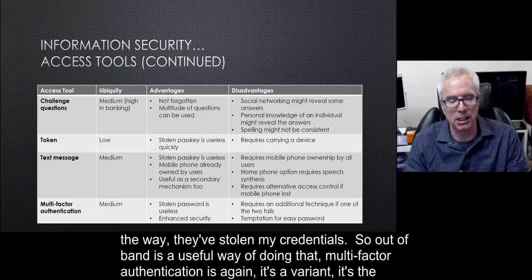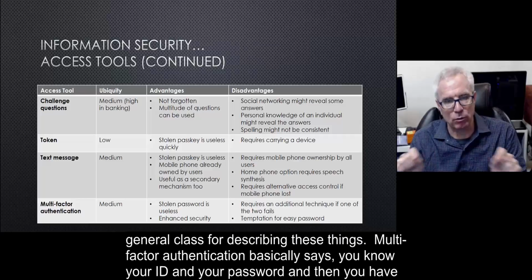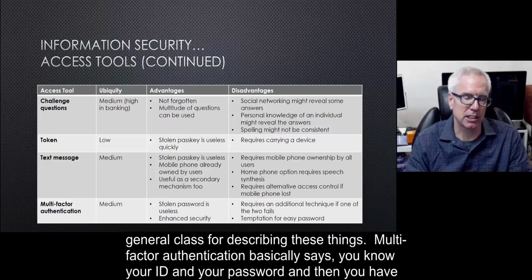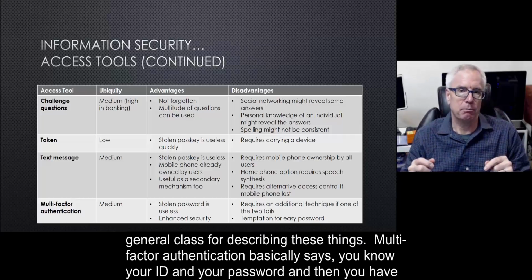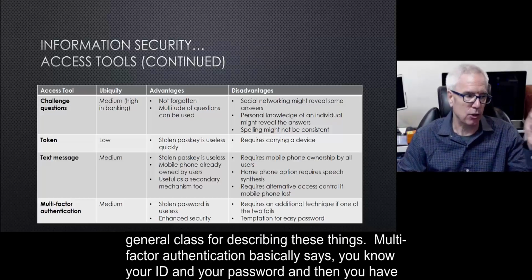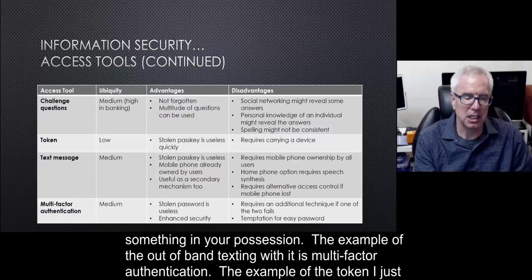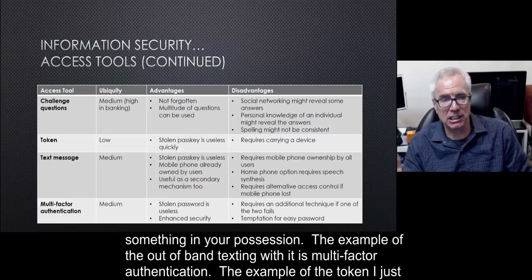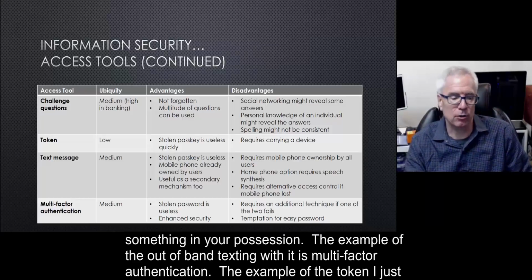Multi-factor authentication is again a variant. It's a general class for describing these things. Multi-factor authentication basically says you know your ID and your password, and then you have something in your possession. The example of the out-of-band texting with it is multi-factor authentication.